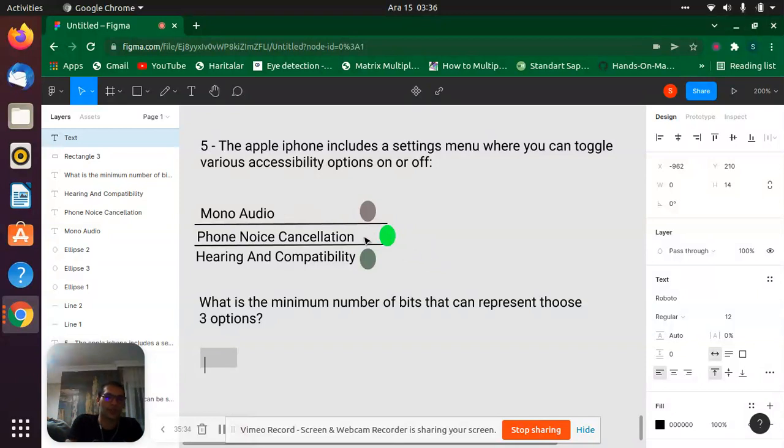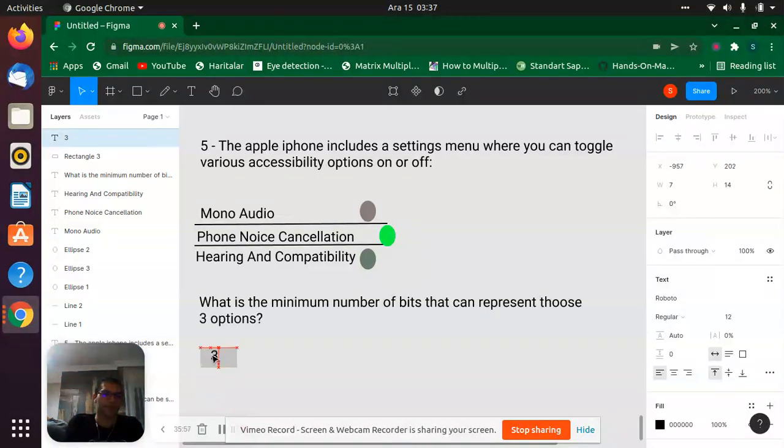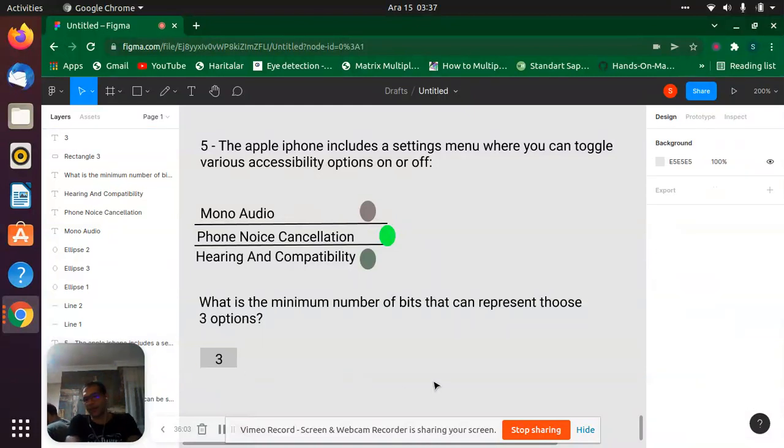We have two situations, and it can be 0 or 1 or some other number, but this is not important. We have a three option menu here. We can represent them with 3 bits. Okay, so three possibilities. Anyway, the answer is 3. We can store a number in 1 bit. It's really not important, whatever.